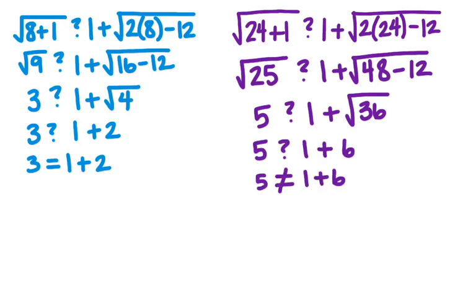I got a statement that would say that 5 is equal to 1 plus 6, and 5 is not equal to 1 plus 6. So the number that we plugged into that, 24, is not a solution. So for this problem, x equals 8 is the only solution. So always check your work, double check, plug back into the equation to make sure it's valid.